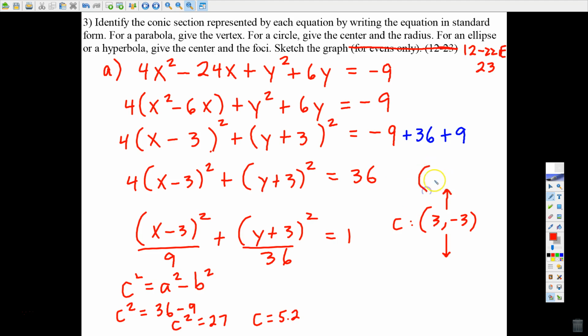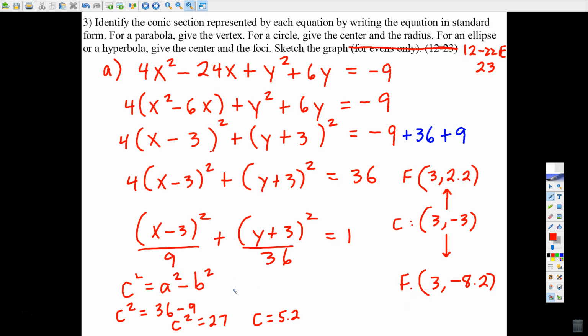So one of the focal points will be 3, 2.2. And the other one, if I move down this many places, it's like subtracting 5.2, and that'll be the point 3, negative 8.2.